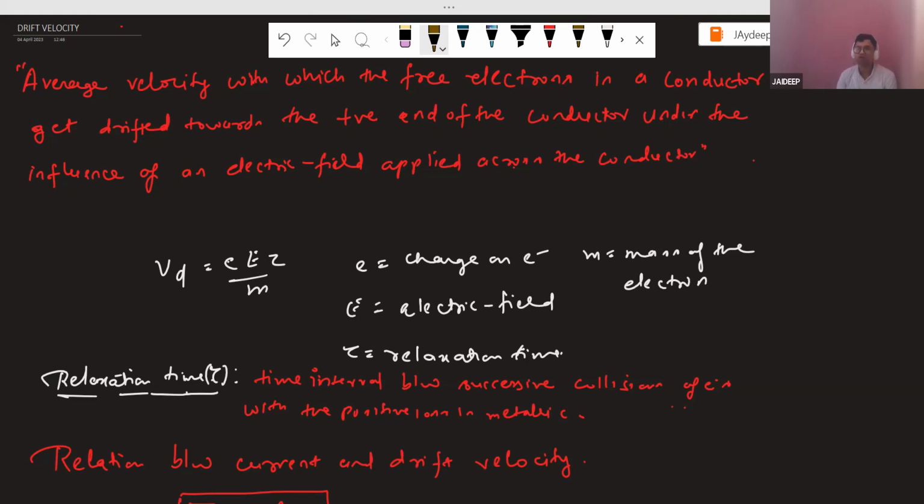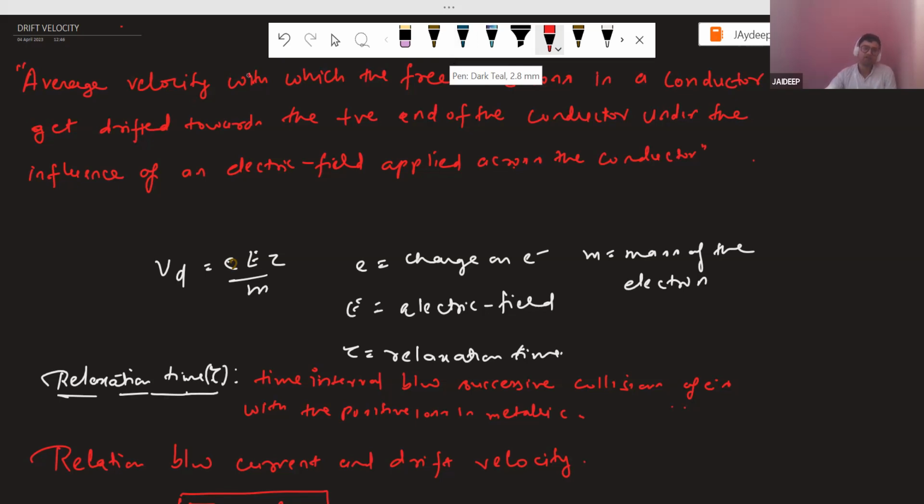What is Ohm's law, Saifullah? What is Ohm's law? Ohm's law says that I is directly proportional to potential difference V.